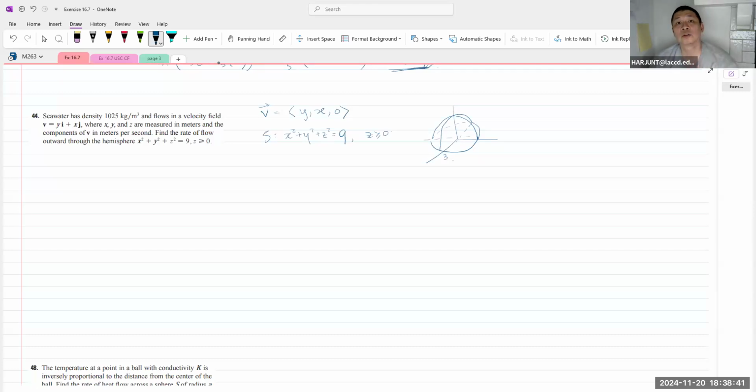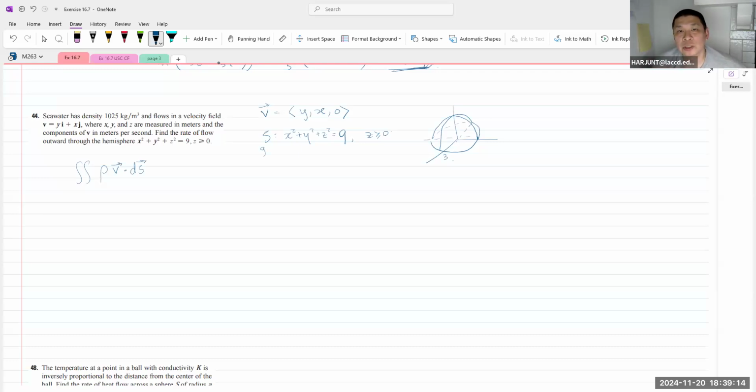So the rate of flow will be the double integral over the surface of density times velocity dot dS. That's the rate of flow outward. Oh, we need to make it outward, so let's orient that upward then.